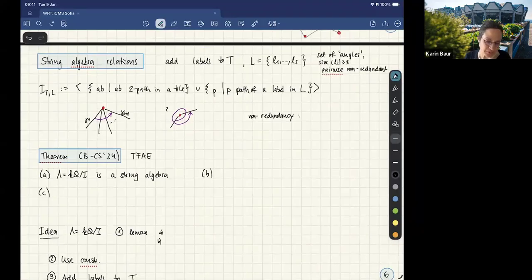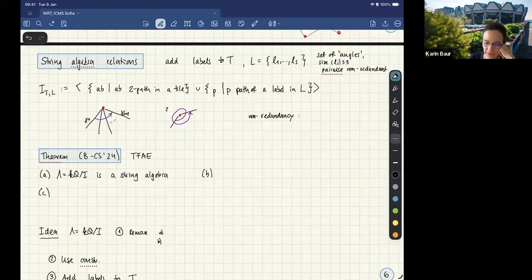As before, let's assume lambda now is a string algebra, and for the moment we forget that it's a string algebra. We take the surface for a gentle algebra, do a tiling, and then we have to add the labels. I'm going to explain exactly how you get them.